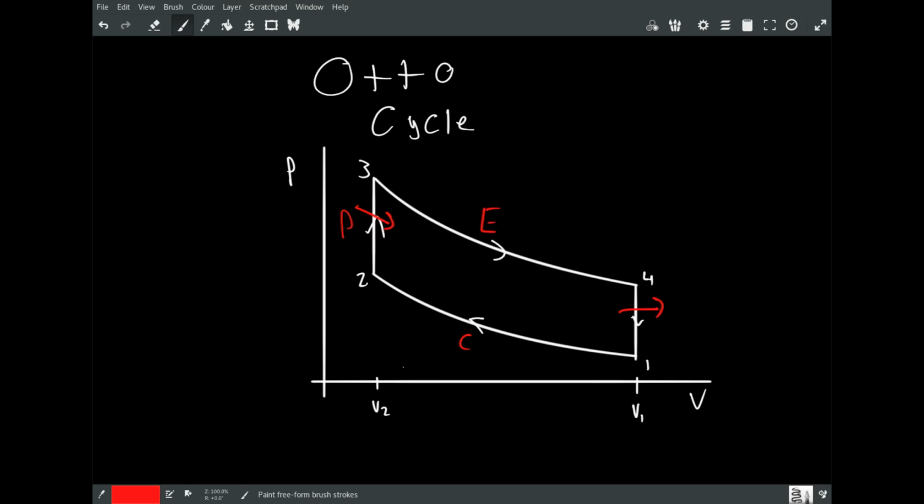So in an actual gas engine, let me represent that in blue here, you would have an intake followed by your compression, which might not actually be isentropic, followed by an almost constant volume heat addition, which is the burning of the fuel.